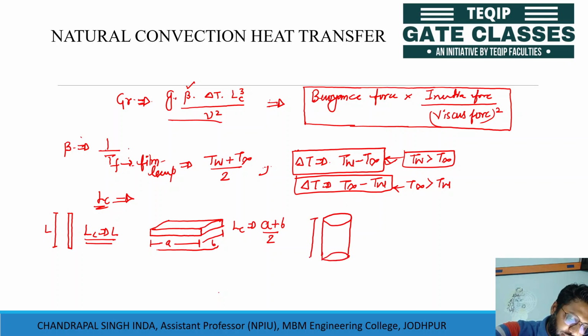and having a length L and diameter D, in that case the fluid is going to cover the maximum length, and that will be equal to the length of the cylinder, so the characteristic length will be the length of that cylinder.